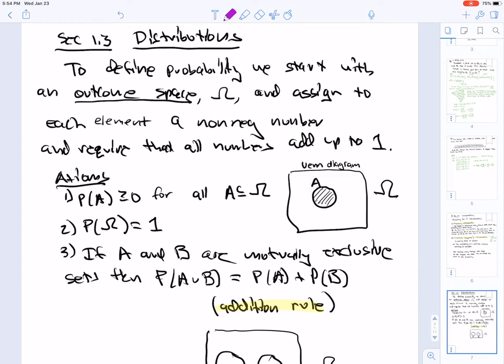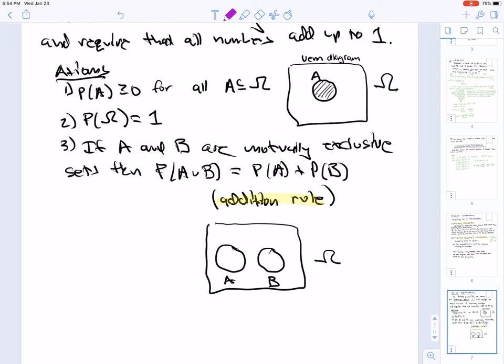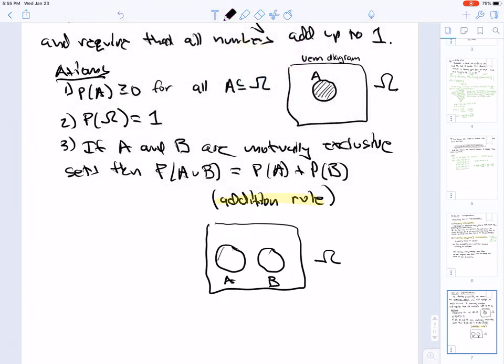We can think of the probability of omega as being 1, and that's in fact the second axiom. The third axiom is the addition rule. If A and B are mutually exclusive sets, which means that they're disjoint, then the probability of A union B is the sum of the probabilities. So the probability of A union B will be just the sum of these areas. It's totally intuitive because that's just the way areas add up when they're disjoint.